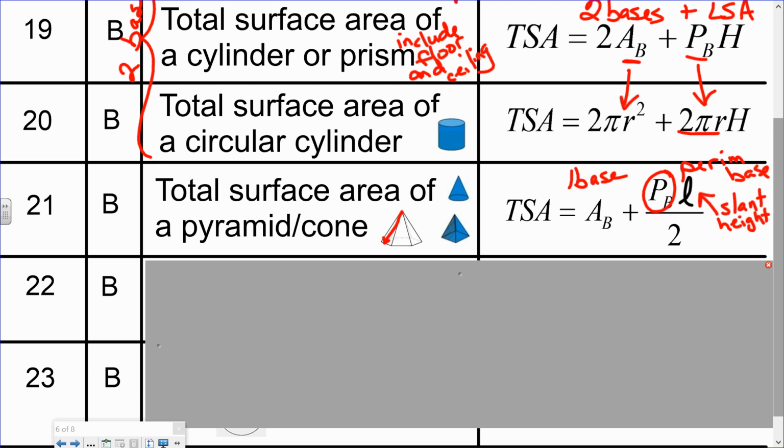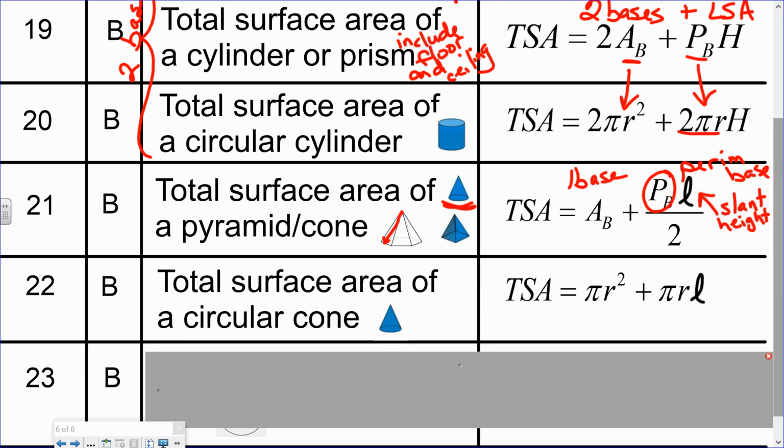If it is a cone, I don't have the triangles, but I can still plug into this formula. If this is a circle, we have one base, so we plug in pi r squared for the area of the base. If this is a circle, we put in 2 pi r for the perimeter times the slant height divided by 2, and those 2's cancel out so that part becomes just pi r l.